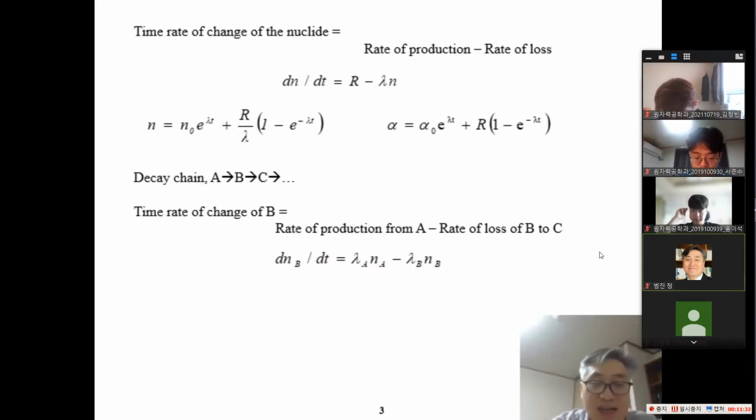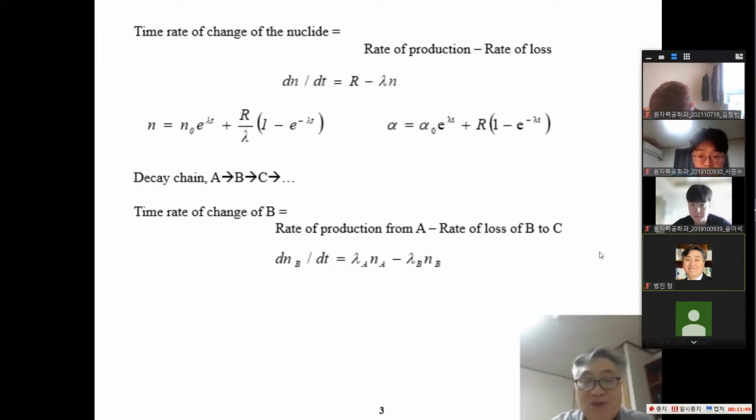When we have a decay chain like this, A becomes B, and B decays into C, and C decays into D, then the equation becomes a little bit complex. So at this stage of your knowledge, you cannot derive this.